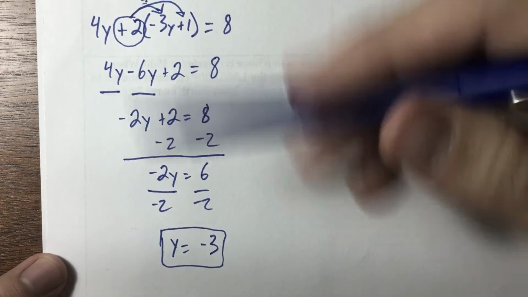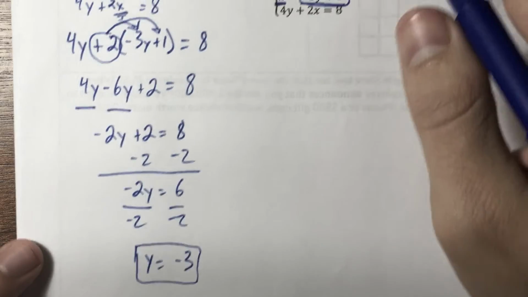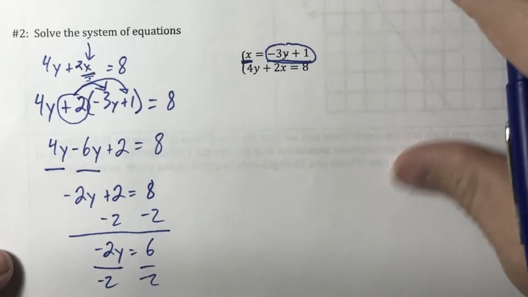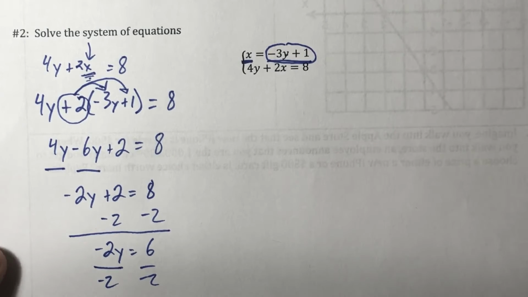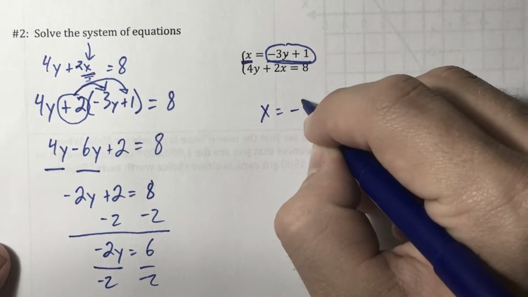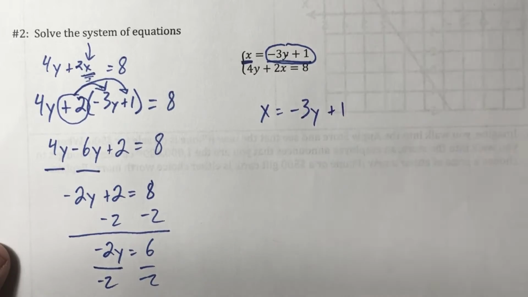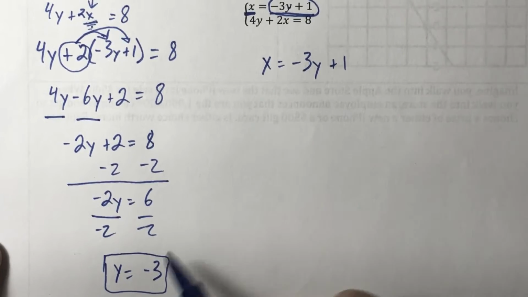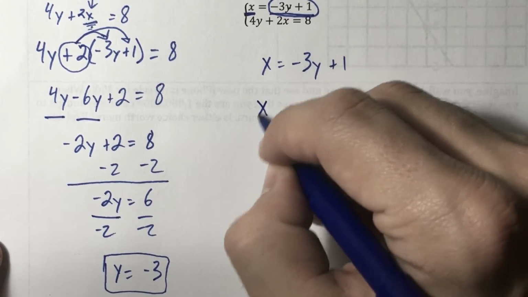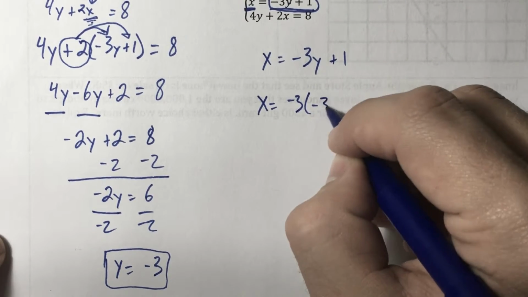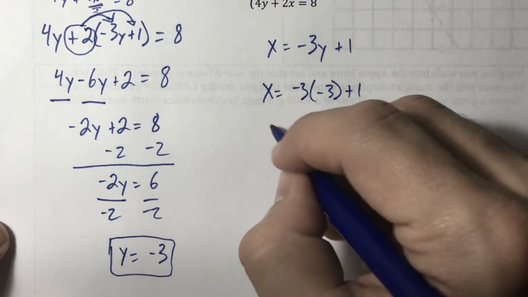Now we're not done again, because our final answer should be a coordinate point. So we have the value for y. Now we're going to use this first equation to find the value of x. So we have that x is equal to negative 3y plus 1. We already said that y equals negative 3, so we can substitute in and rewrite this as x equals negative 3 times negative 3 plus 1.